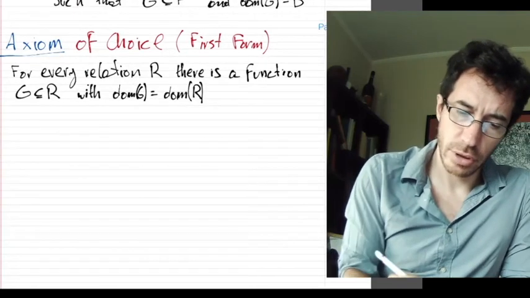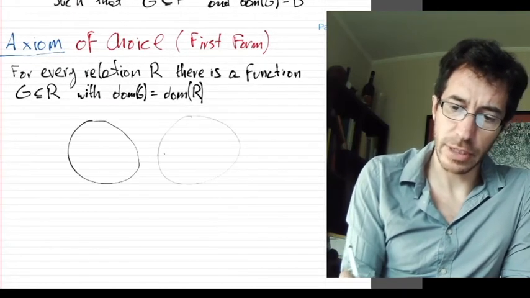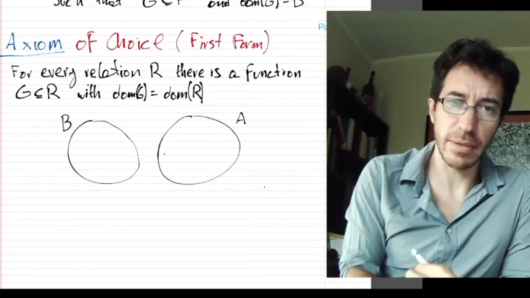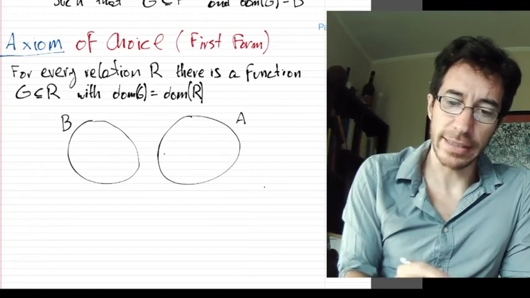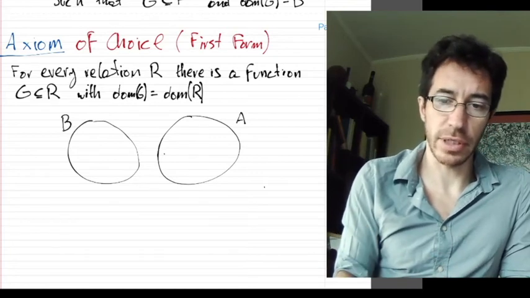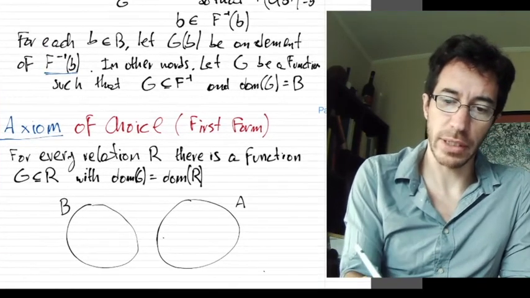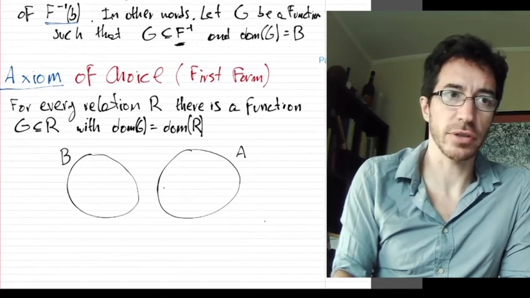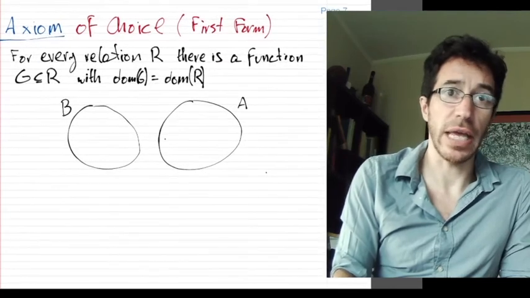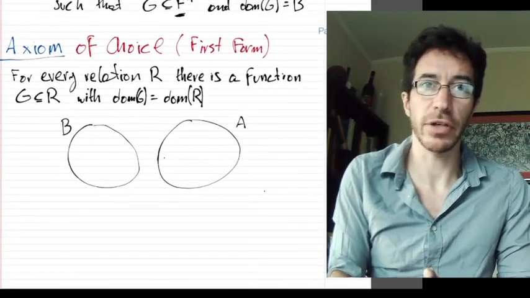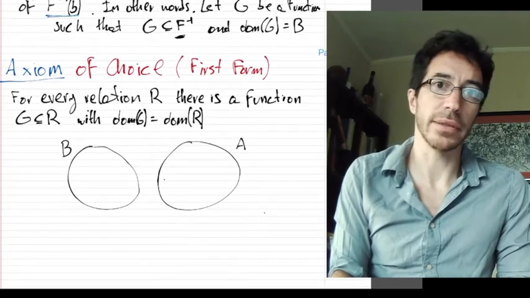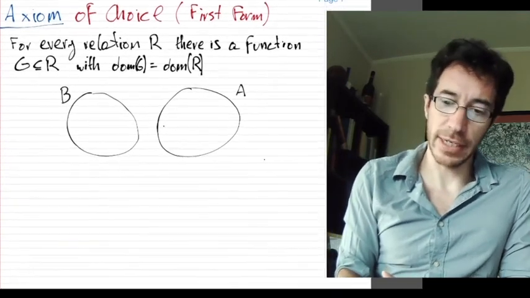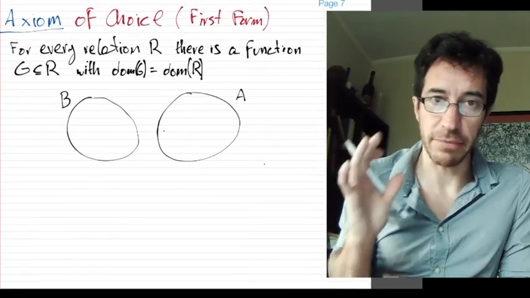In pictures, we have a relation, and let's draw it backwards because in the previous case, this is the B and this is the A. The relation in the previous case was the inverse. So there we wanted g to be a subset of f inverse. The axiom of choice works for any relation in general. f inverse is a relation, by the way; it might not be a function if f is not one-to-one, but it's still a relation. All we wanted there is to take a sub-function of that relation.